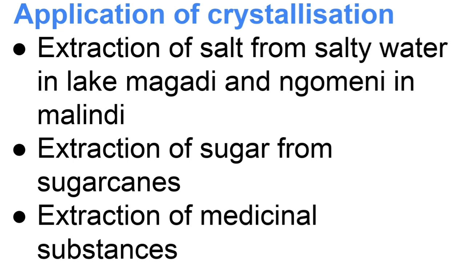And from there, you can form the medicine in tablet form, in crystal form, some of it in syrup form, and so on. So that process of extracting the medicinal substances involves some crystallization.